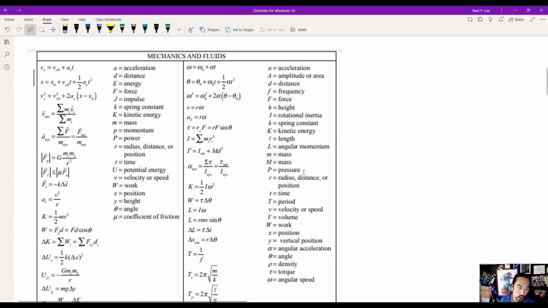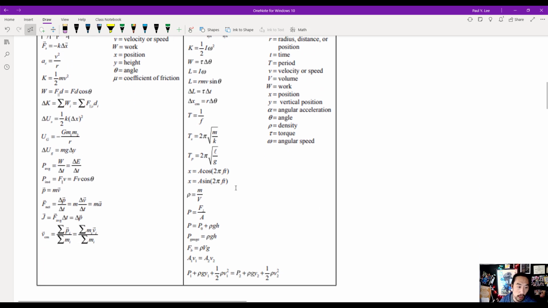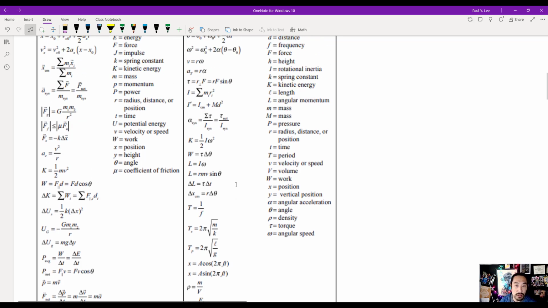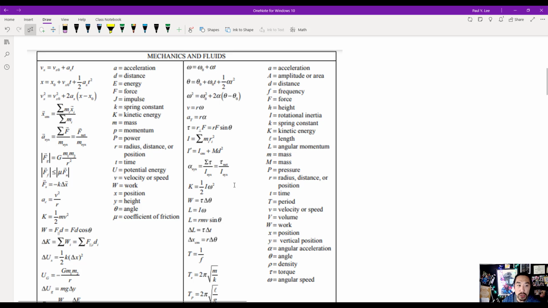This giant screenshot is our formula sheet that we'll be using for this entire year. It's a 2-page document, and on the back of the document we have all of this. I think we'll cover all of this by the end of the year. To start us off, we have the first 3 formulas in your upper left-hand corner.